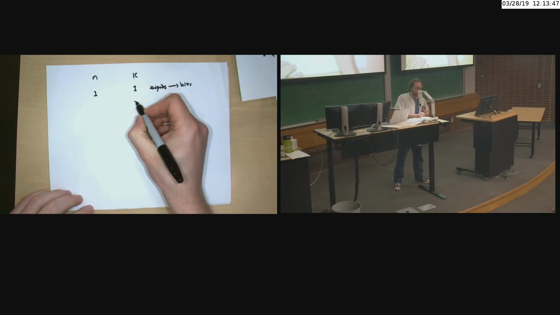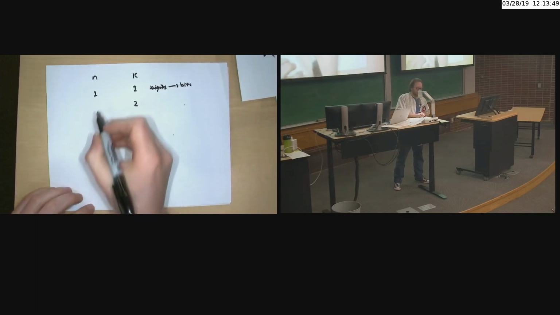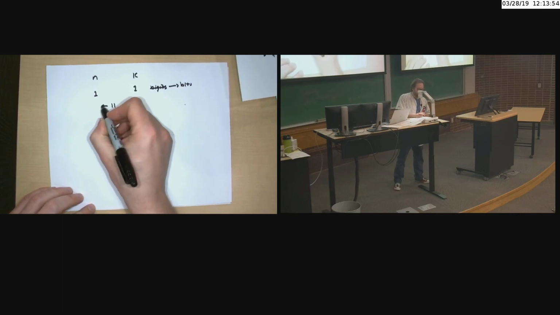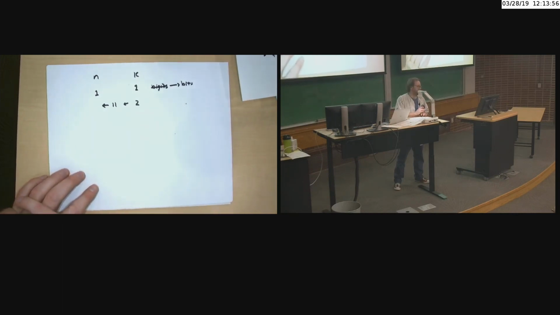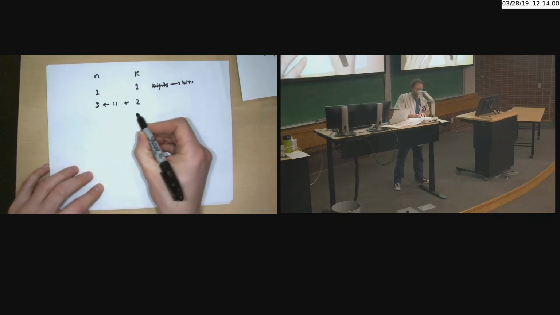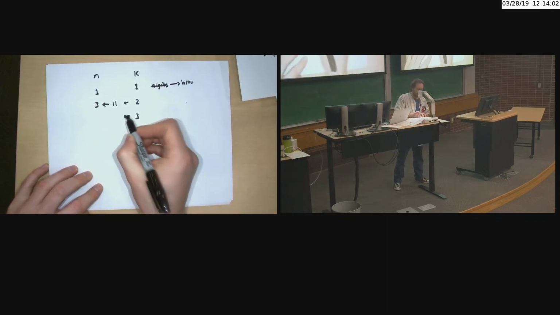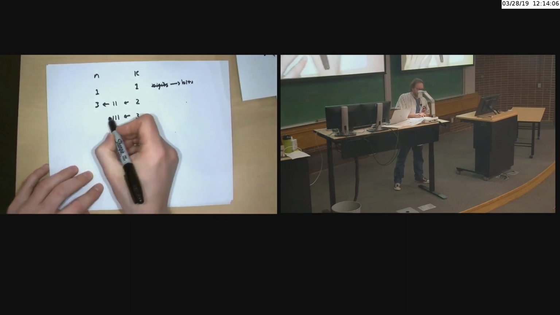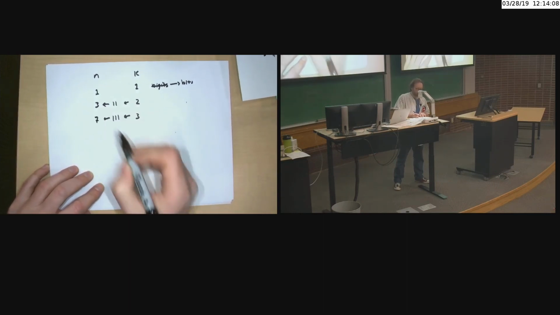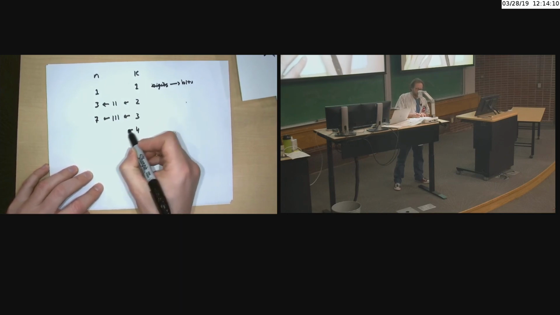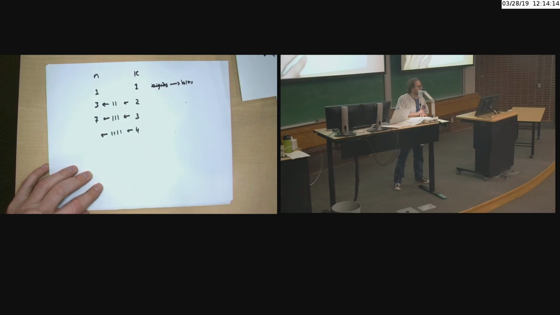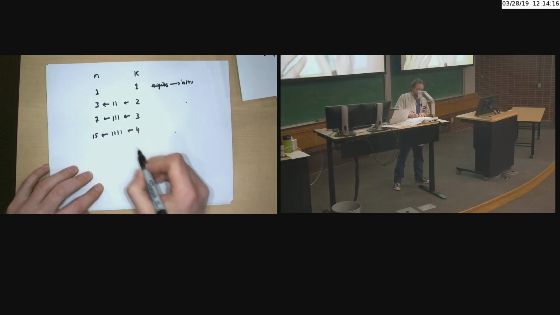If I gave you 2 bits, what's the largest value that you can represent? 11, which in base 10, to understand it, because we're just human, what is that? 3. If I gave you 3 bits, then the maximum value is 111, which is equal to 7. With 4, you see the pattern here, 1111. What is that in binary? 15.